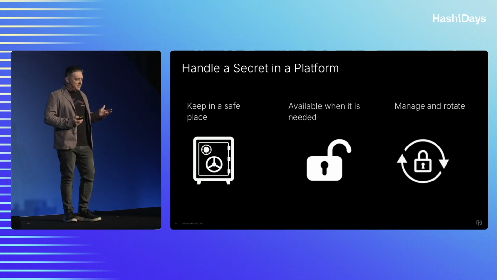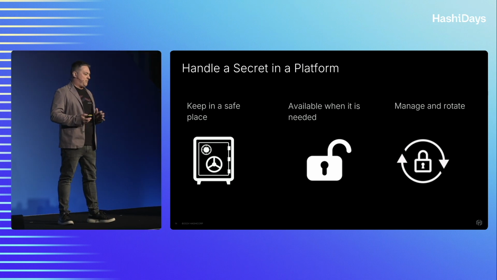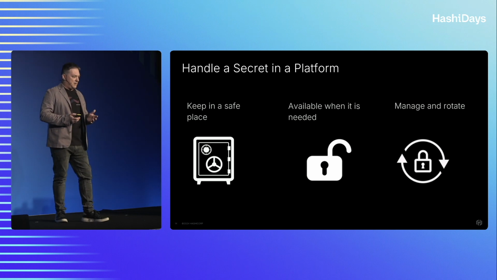Anyway, so let's introduce how to handle secrets in a platform. Handling secrets in a platform means keeping them in a safe place, but also making these secrets available where they are needed.